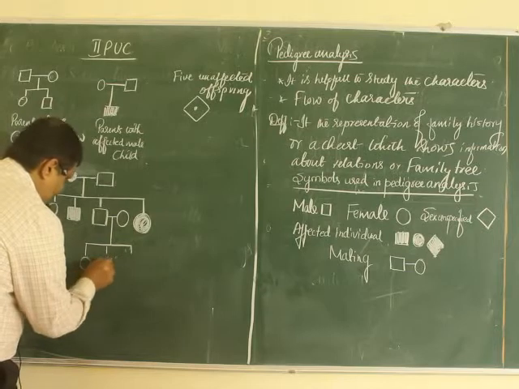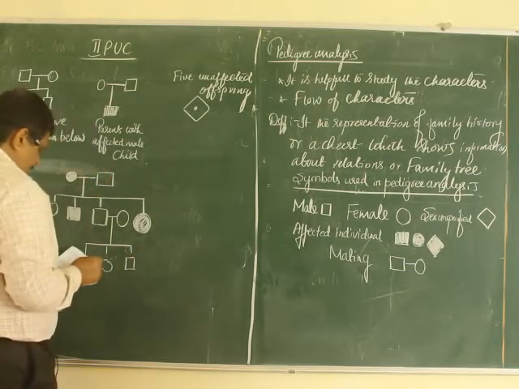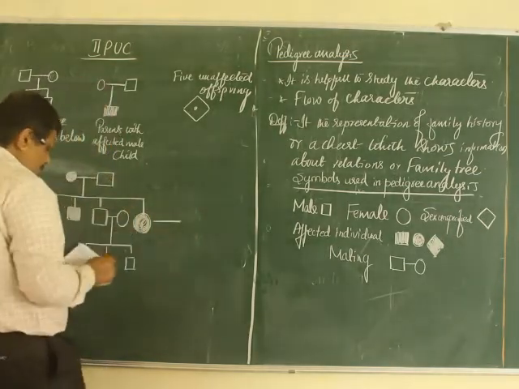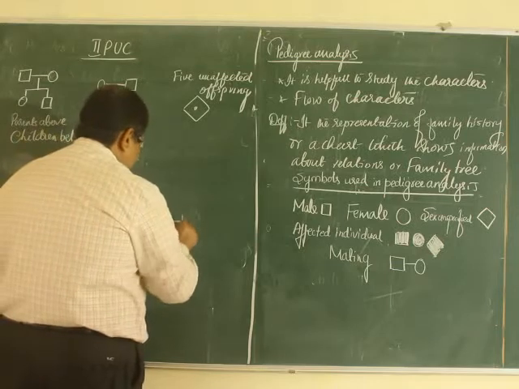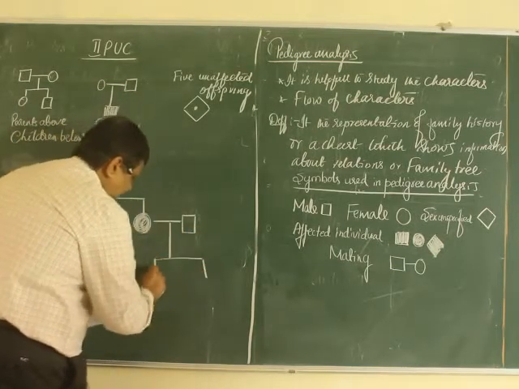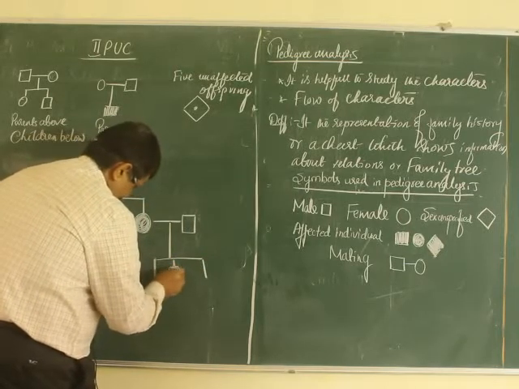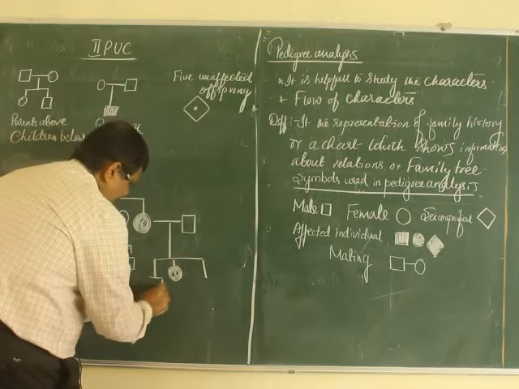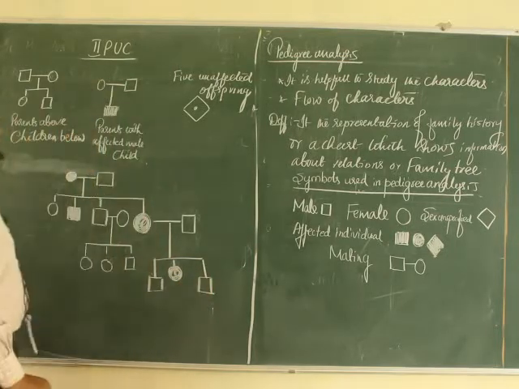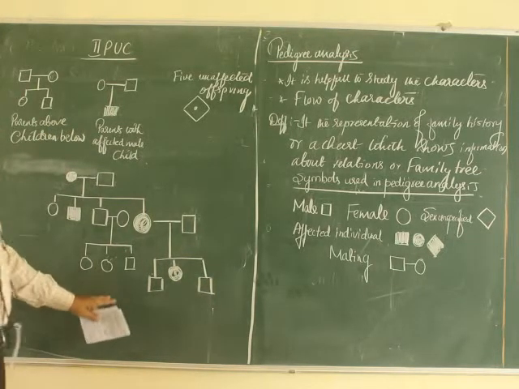When an affected child of the first generation marries a normal male, then in the third generation, female is affected. Male is not affected. If they give only this much, then you have to find out what it is.